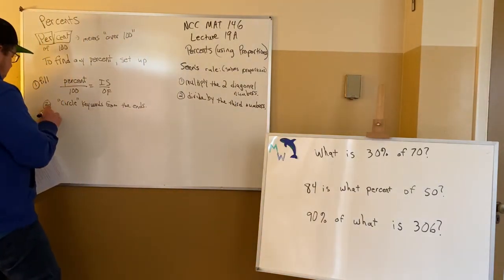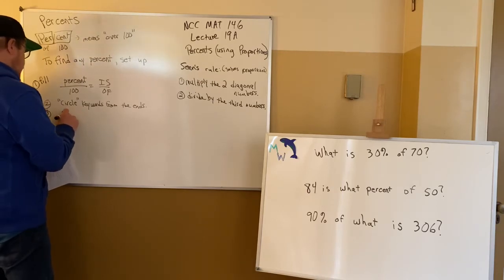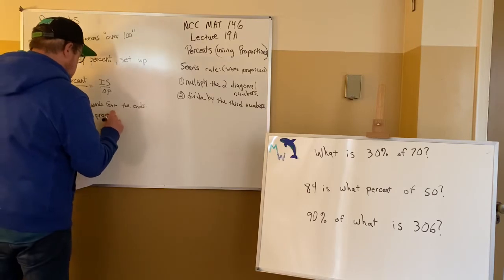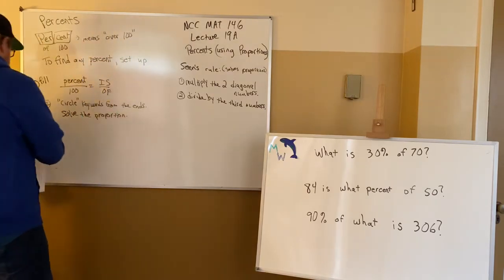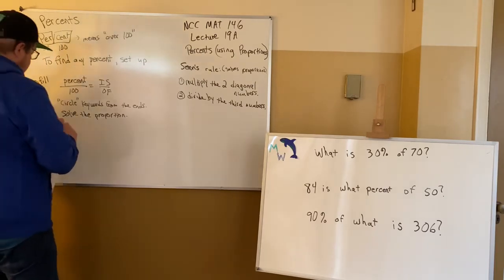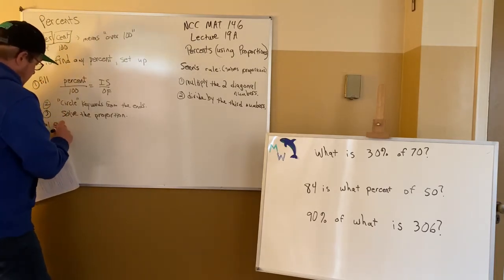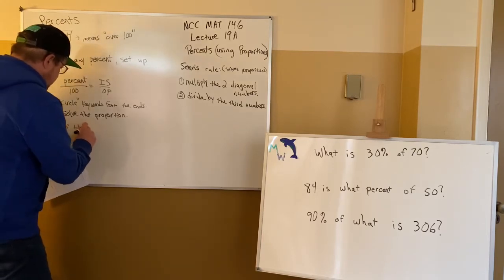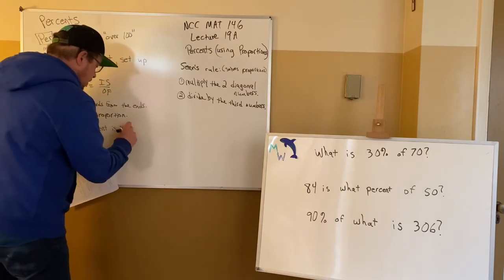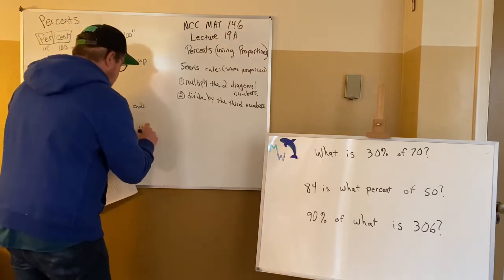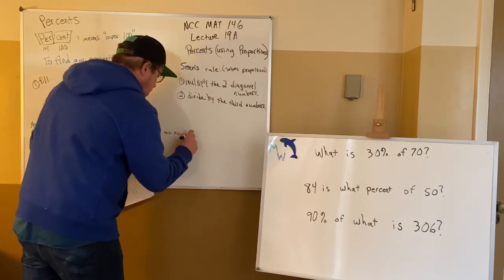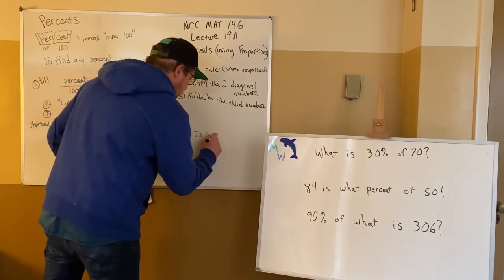Number 3, solve the proportion. And then the way to check it, which is of course optional, is if the percent is greater than 100, so I'm not going to say over 100, it's greater than 100, then the new number is larger.